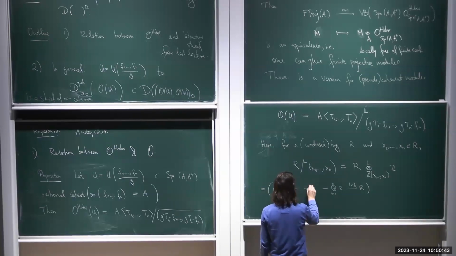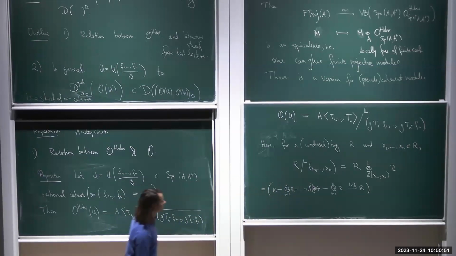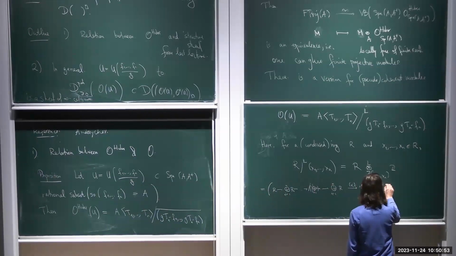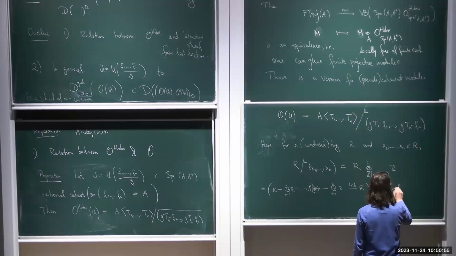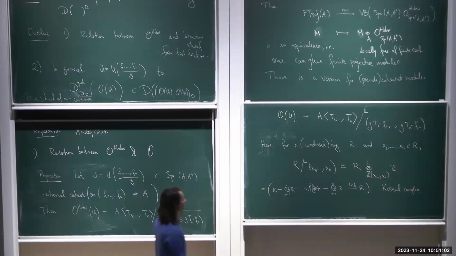And in the middle, there are some maps, these are Koszul differentials, and it's just by taking the standard resolution of Z over here.